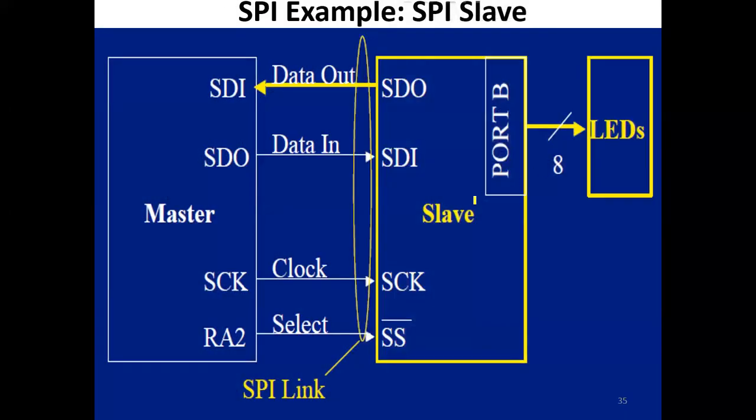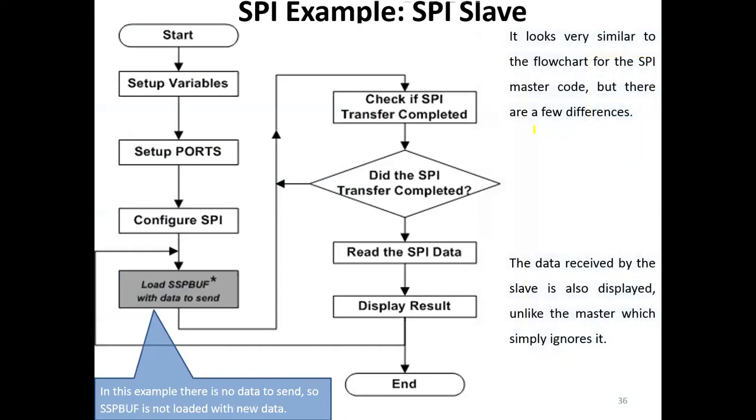So the slave has to read the data and send it to port B. So when do we need to read the data? We have to read the data if the flag is 1. So we have start, set up the variables, configuration of the SPI. We have to load the SSP buffer with the data to send. So here we don't have to load anything because we have just to receive. So the receiver has just to check the flag continuously.